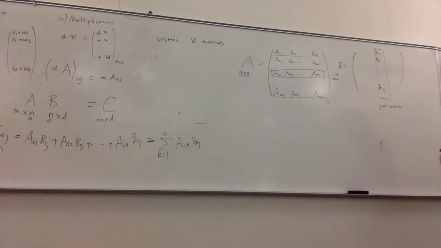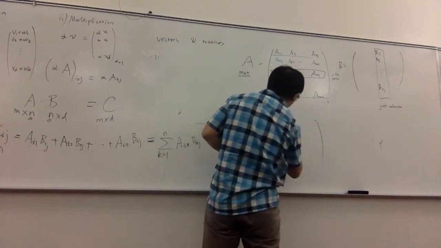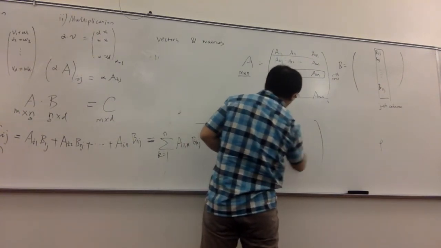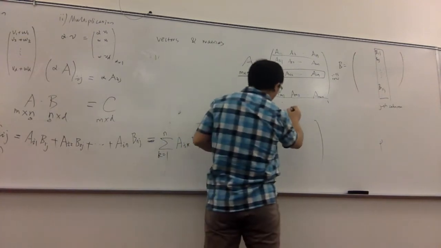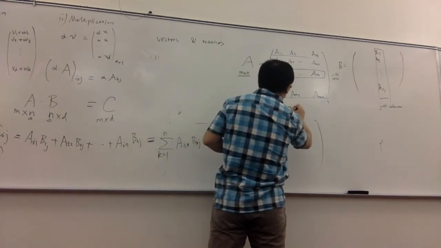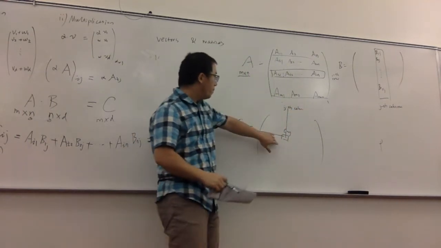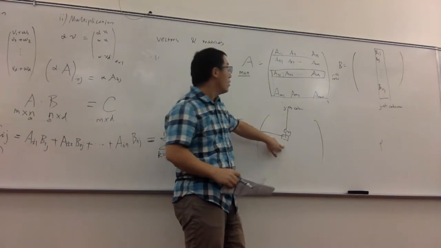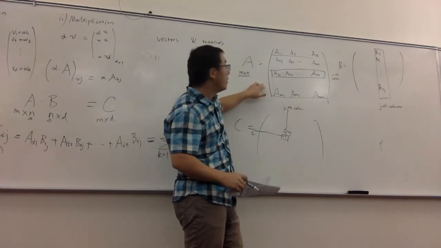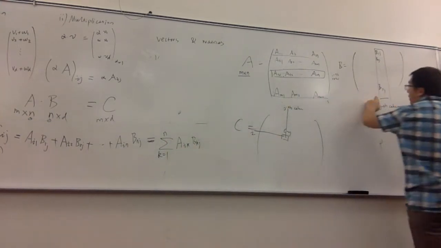So to compute, C is the result product. This is Cij, which corresponds to the ith row in C and the jth column in C, right? To calculate this single element, Cij, what do we need? We need to look at the ith row in A and the jth column in B, right?